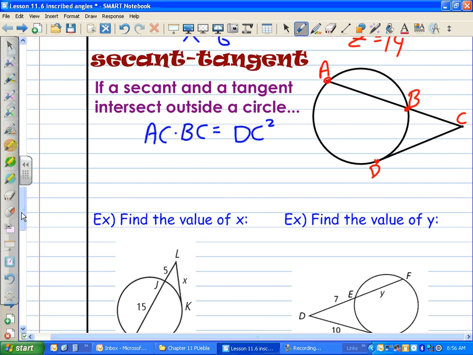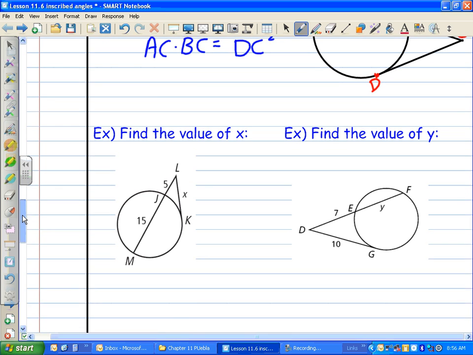What do you do with an x squared? Yeah, square root. Simple.